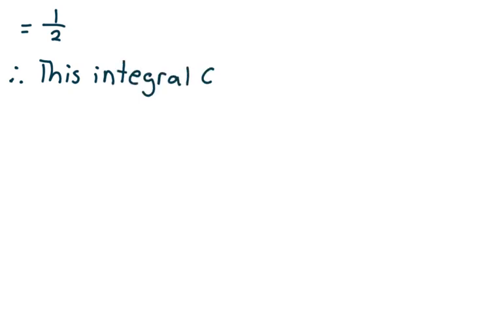So this is equal to 1/2. And because we get an actual number back, a fixed number back, that's going to tell me that this integral converges. And that's how we do example 4.